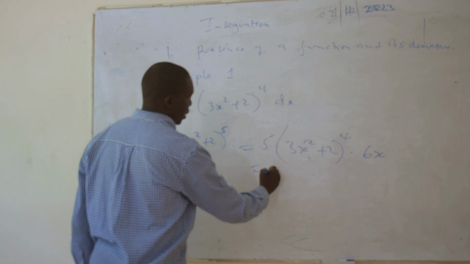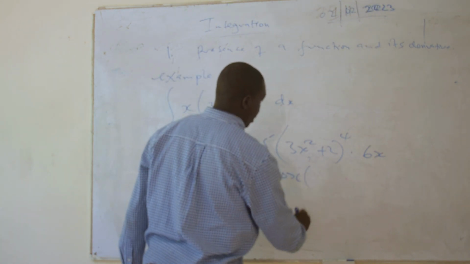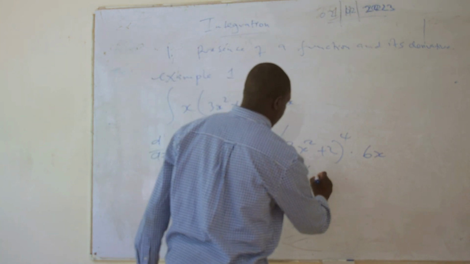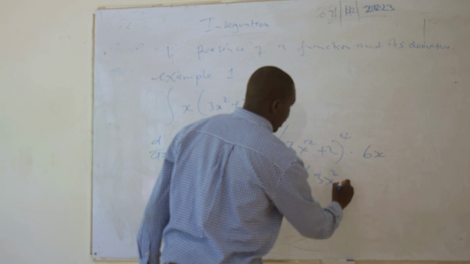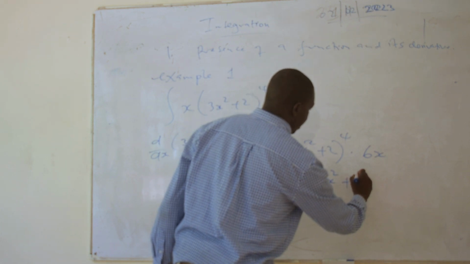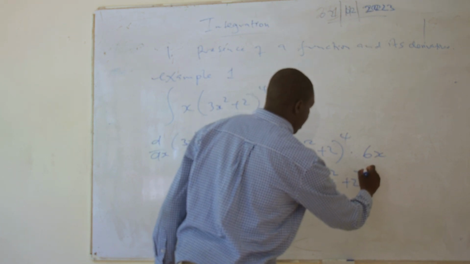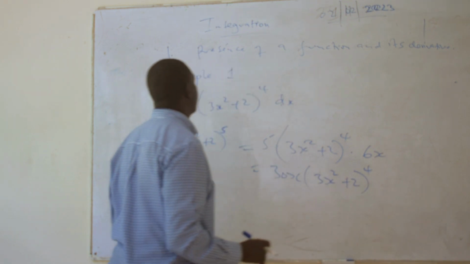This is the same as 30x (3x squared plus 2) raised to the power 4.